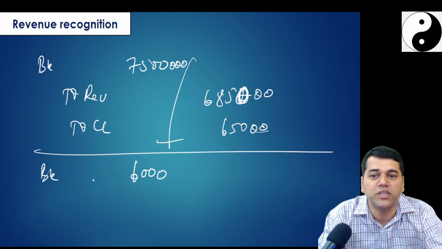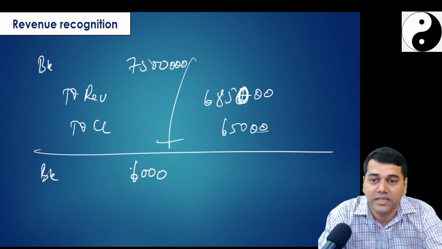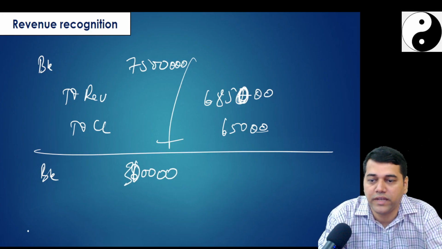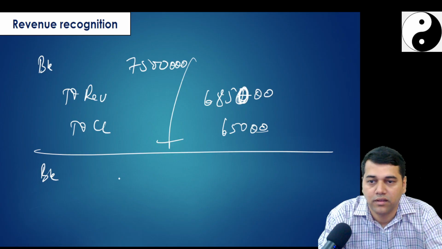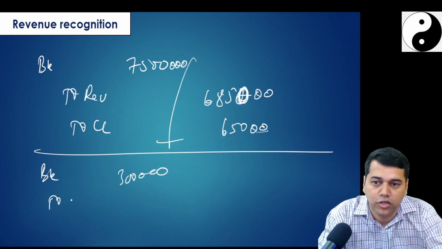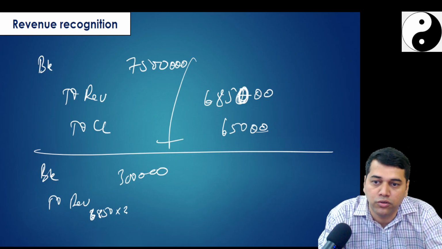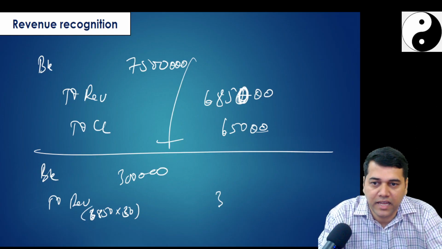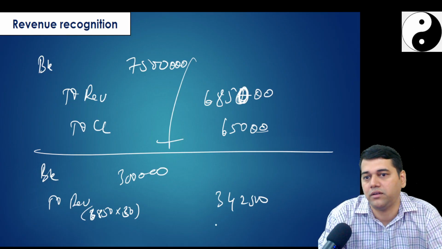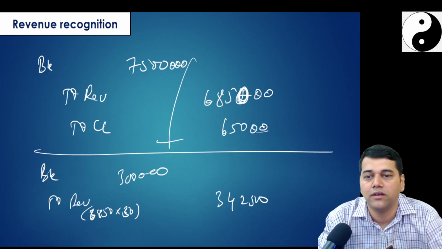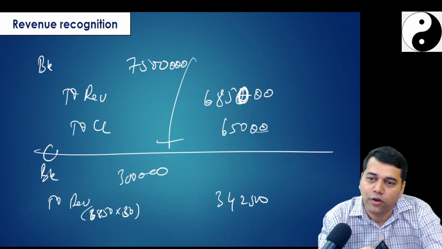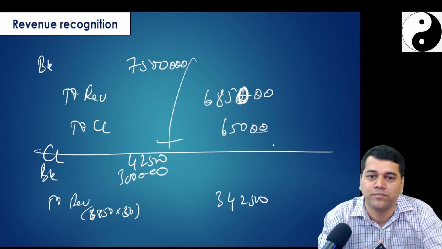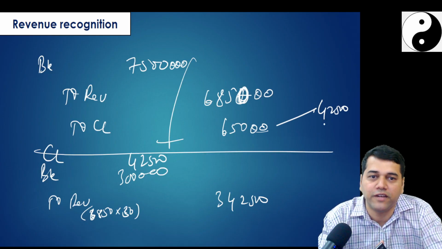Next year, how much cash I get? 3 lakhs I am going to get. So when I get 3 lakhs, how much revenue I will recognize? To revenue, 6,850 into 50. 3,42,500. Okay, but they paid me only 3 lakhs. So contract liability 42,500. So out of 62, 42,500 went.